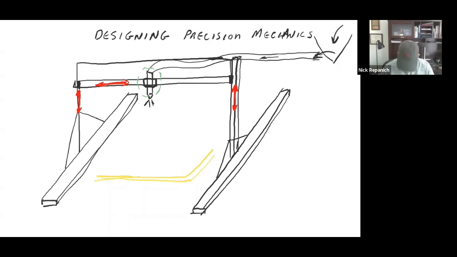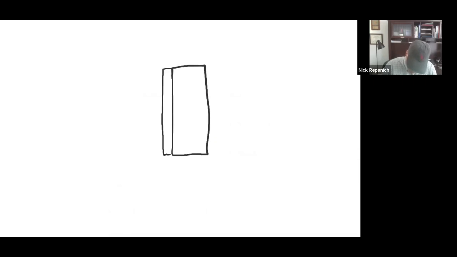Depending on how you do it, there's going to be some loading on those bearings that carry that back and forth. So let's go to a little bit bigger view of what that might look like, that cross section. I'm going to draw this a little bit in cross section. Here might be, for instance, the cross sectional view.